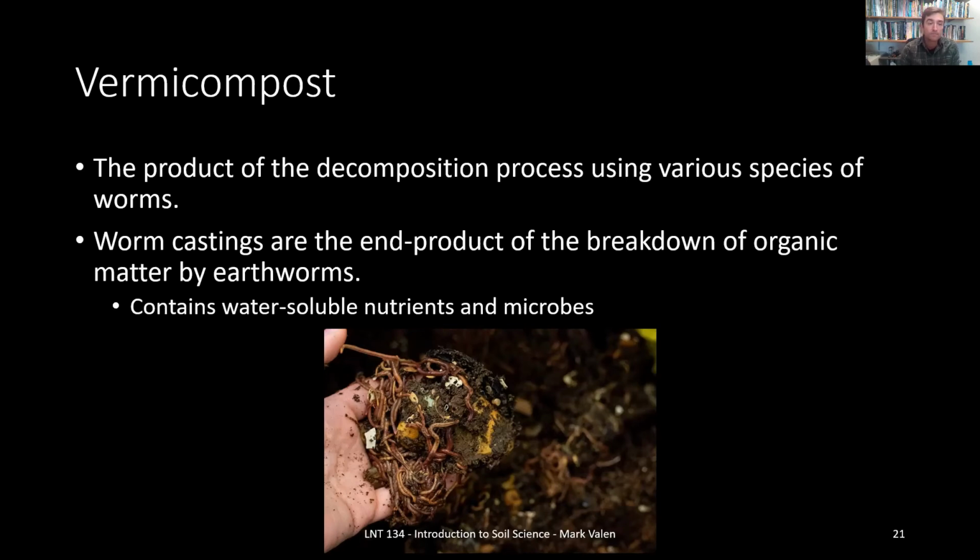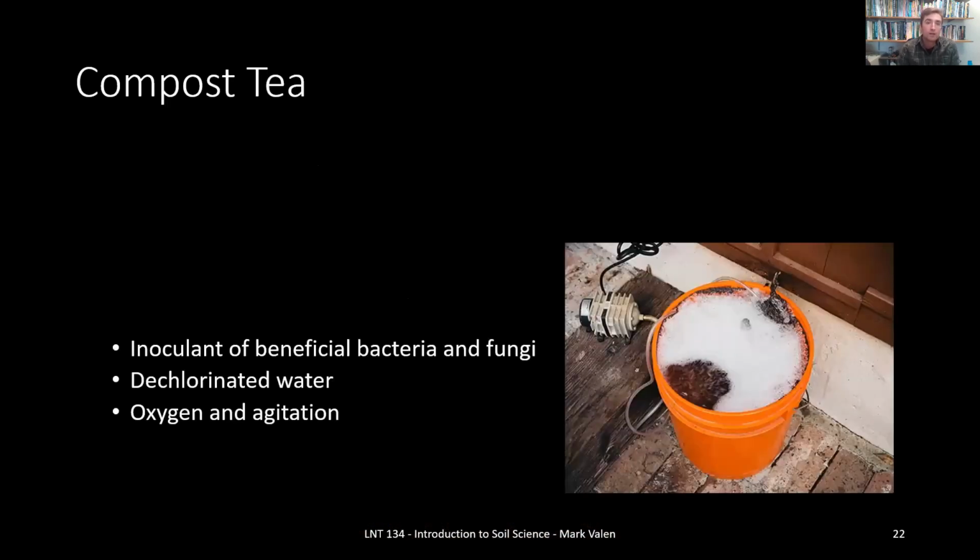You can take the finished product of composts, whether it's standard compost or the worm compost, vermicompost, and you can add value to it by creating what's known as compost tea. Now, compost tea has an interesting name. Don't worry, it's not for humans to drink.